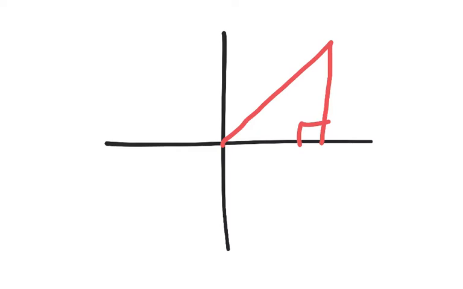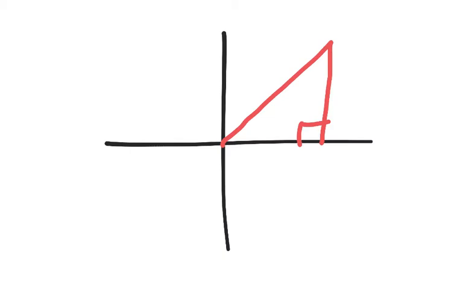That would be the opposite, which is 5 radical 2, over the hypotenuse, which is 10. Well, this will reduce. 5 over 10. This becomes a 1, this becomes a 2, and so it's radical 2 over 2. So all 45, 45, 90s have the same ratio of sine, cosine, tangent, no matter what the hypotenuse is.